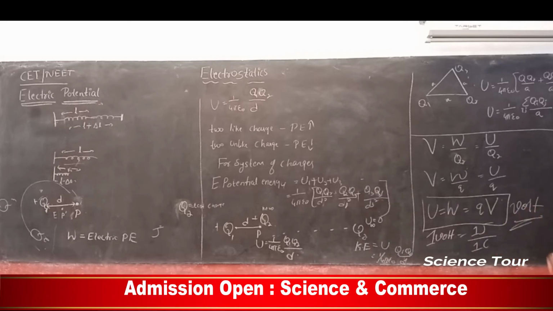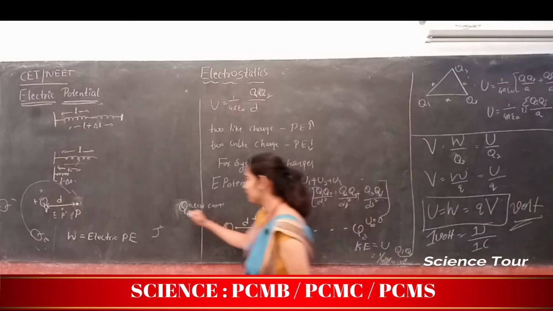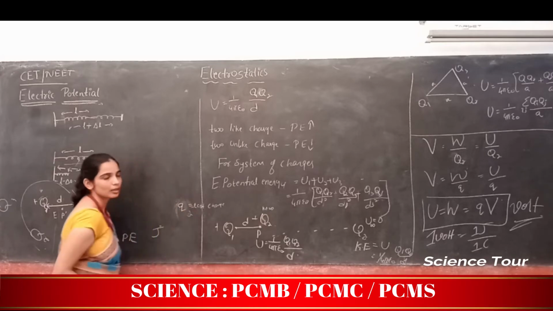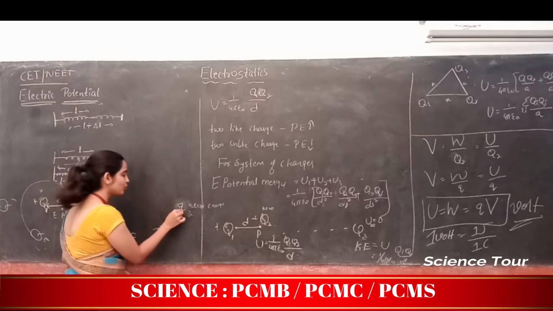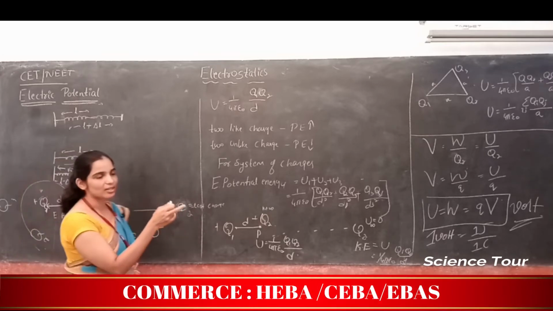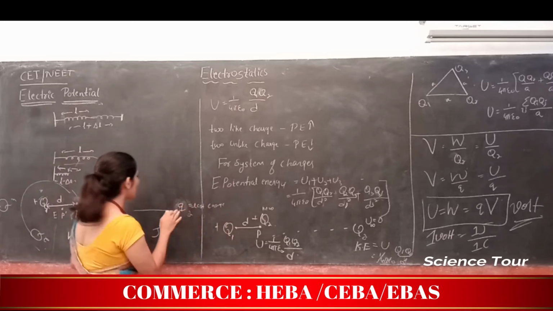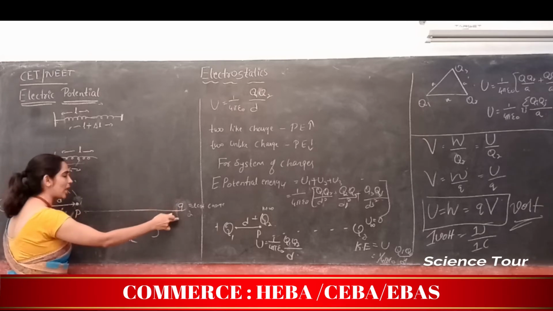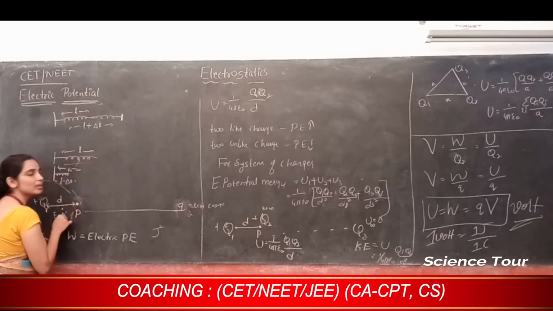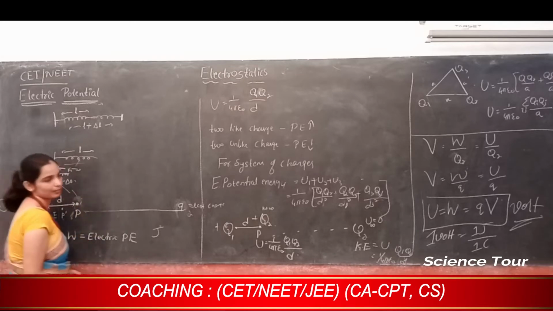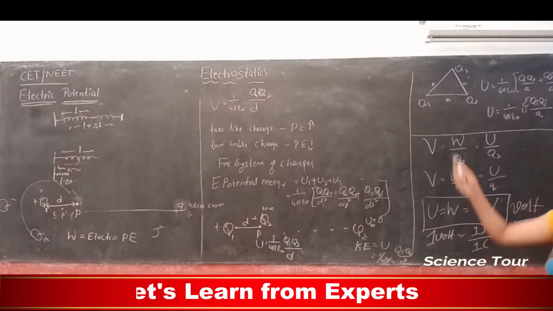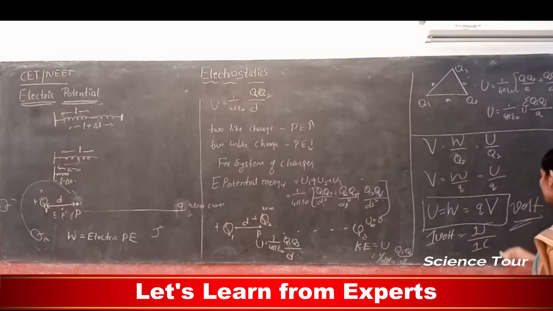Am I right? 1 volt is the electric potential if 1 joule of work is done in bringing this unit positive charge from infinity to the given point in any electric field. What is the mathematical expression for this electric potential?